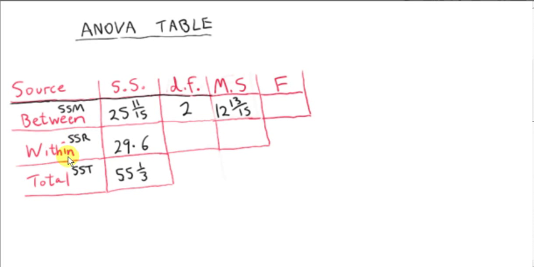Now, what about SSW? Actually, it's probably easier to get the degrees of freedom for SS total. It's easier to see where that comes from. Because it turns out these 2 degrees of freedom will add up to the degrees of freedom for SS total. So let's go back to SS total. What do we do to calculate that? We took each value, starting with 9, and subtracted the grand mean, which was 5 1/3, squared.